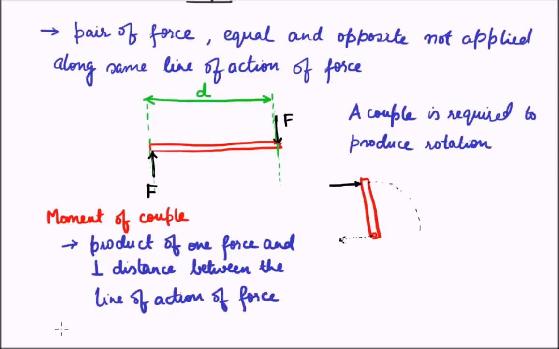What does that mean mathematically? That means the moment of couple will effectively be equal to F times this perpendicular distance, F times D. Isn't this what is supposed to happen from our previous experience?